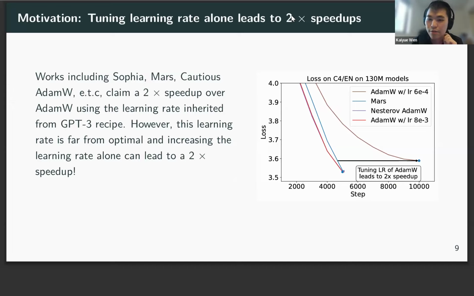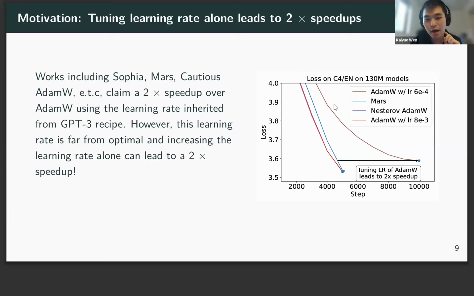So in the right figure, we are showing a simple ablation where we keep every other hyperparameter constant, but only increase the learning rate from 6e-4 to 1e-3, which is the red line in the plot. Comparing the brown line and red line, you will see that by just increasing the learning rate by a factor of roughly 10, we can see a more than 2x speed up, comparing a well-tuned AdamW versus untuned AdamW.